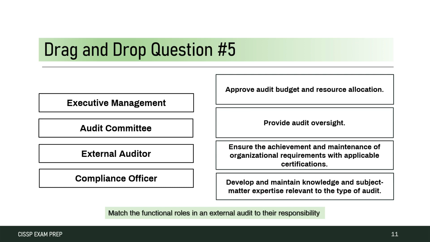Compliance is about the knowledge to comply with, right? So it might be related to develop and maintain knowledge and subject matter expertise relevant to the type of audit. Yeah, think about this carefully.